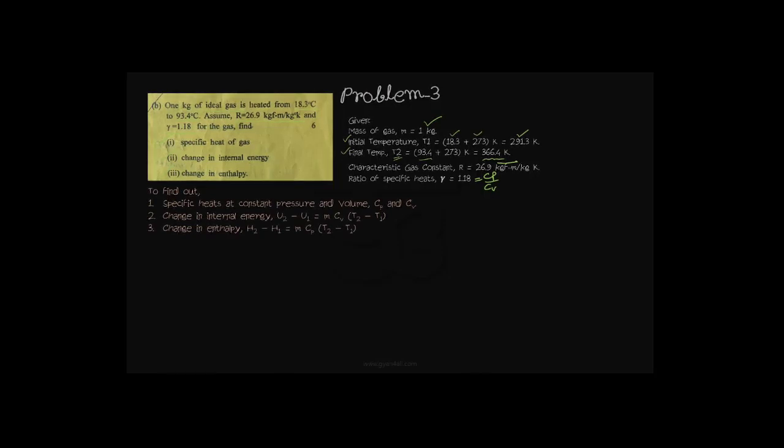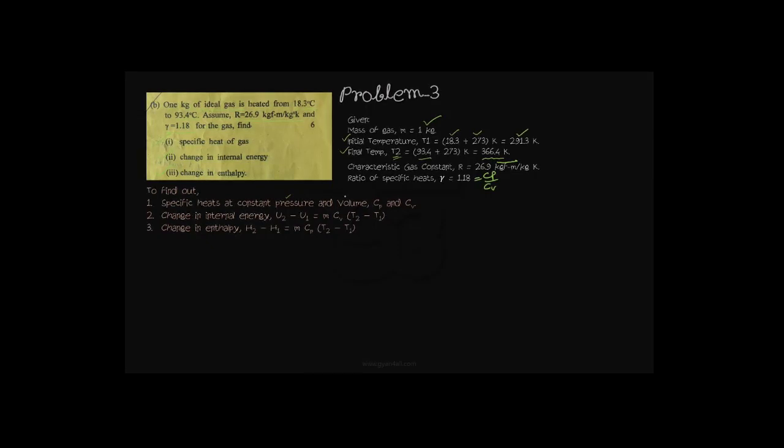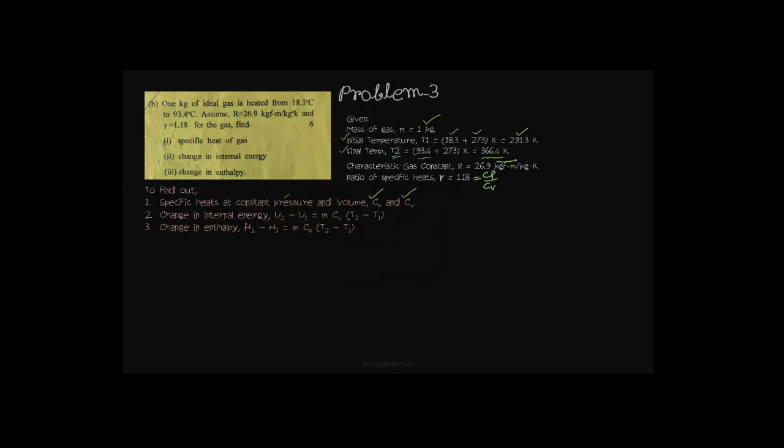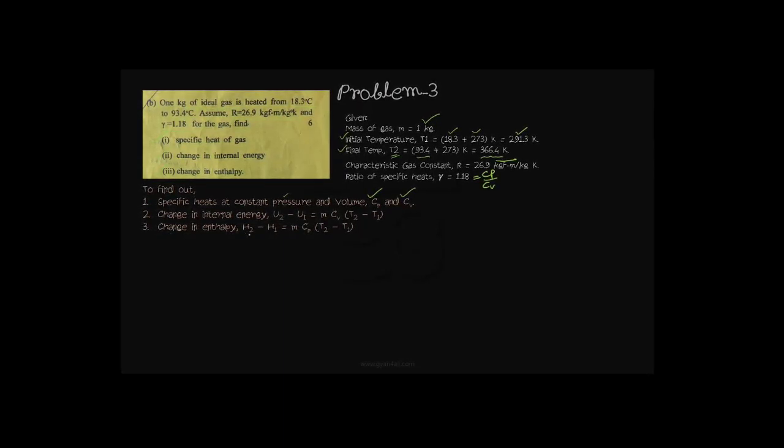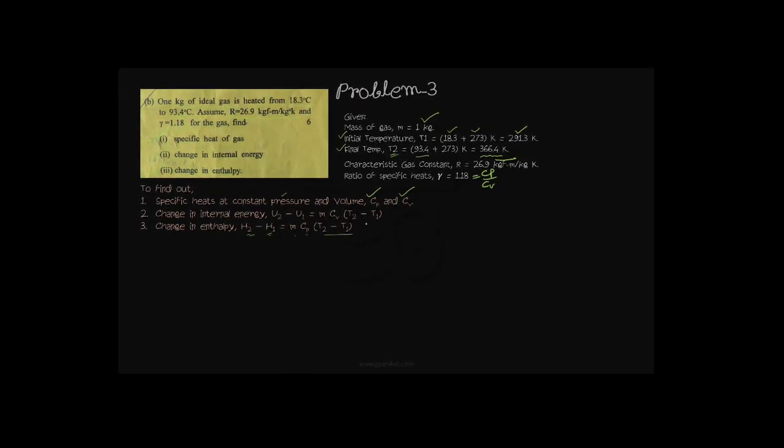So to find out specific heats, that means we have to find out Cp as well as Cv. Also the change in internal energy U2 minus U1, and the change in enthalpy H2 minus H1, that is equal to mCp (T2 minus T1).